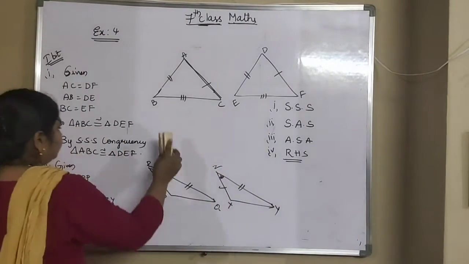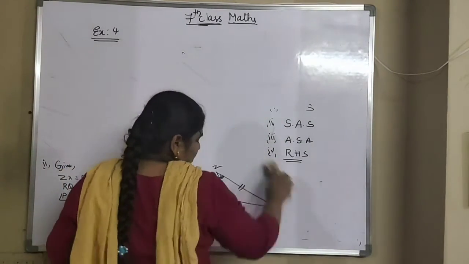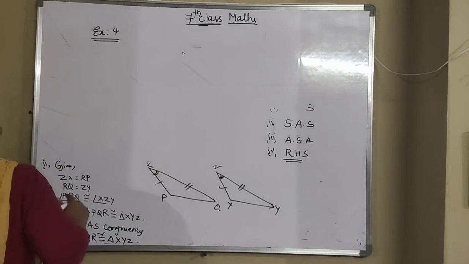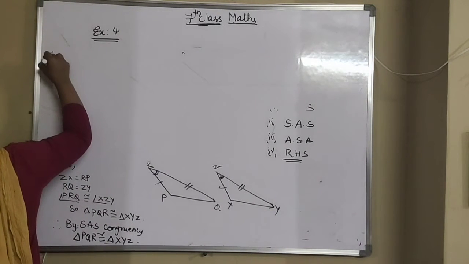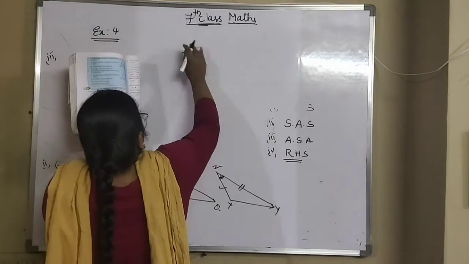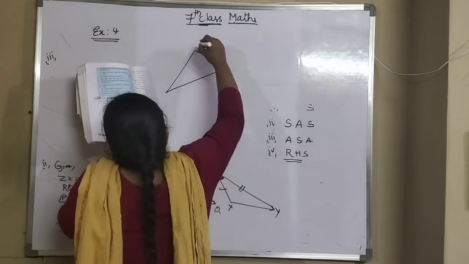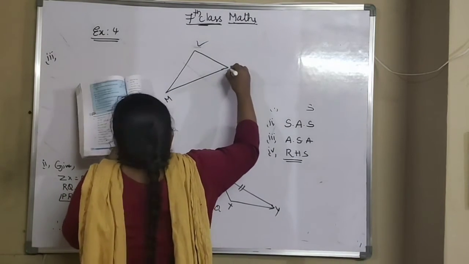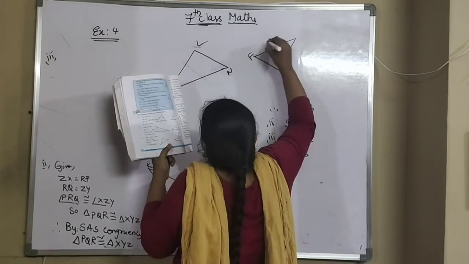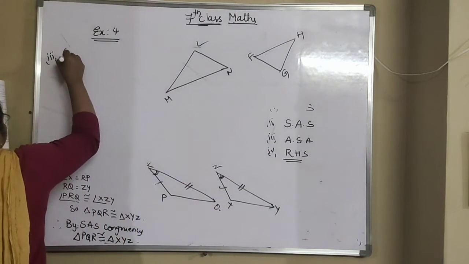Next, third one. What is the third one? What are the given conditions?